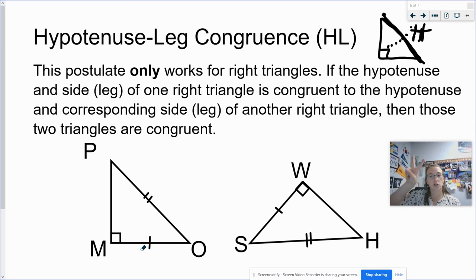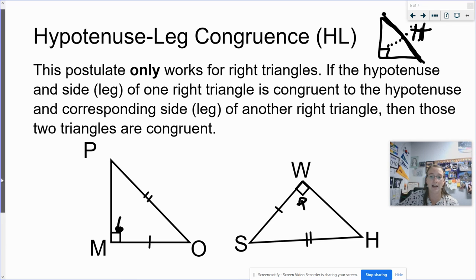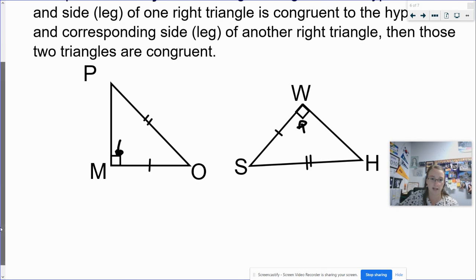Even though only two sides are marked, with this right angle, we know that these two are going to be congruent. So again, this is hypotenuse leg. Hypotenuse leg only works if you see a little box. If you do not see a little box for a right angle, you can't use hypotenuse leg.